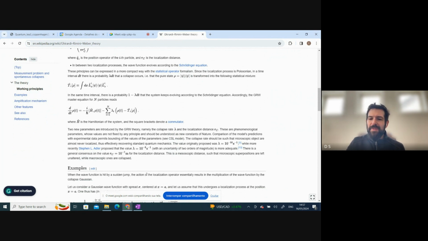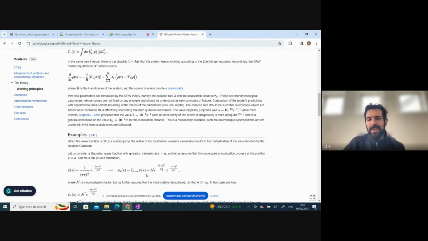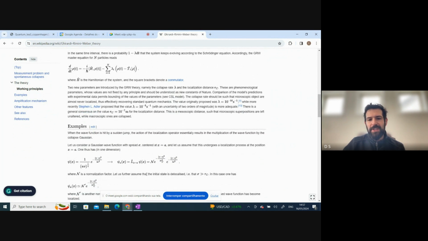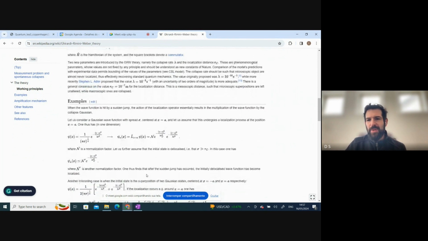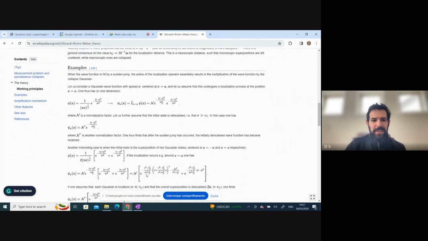But when you have millions of particles, then the probability of one of them collapsing and causing a chain effect is larger.